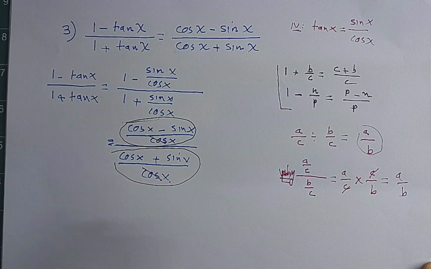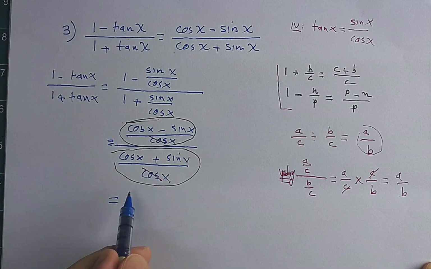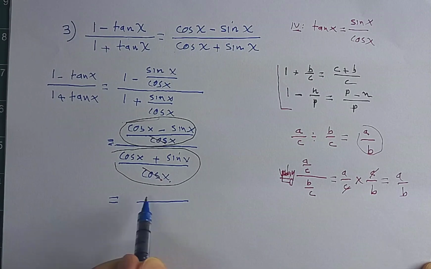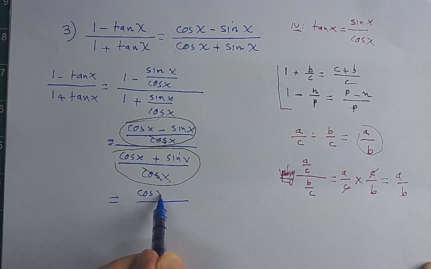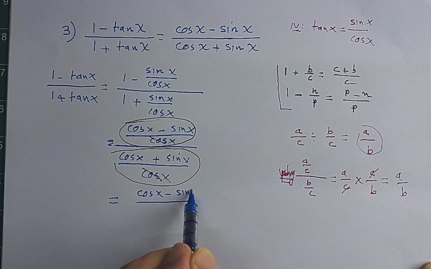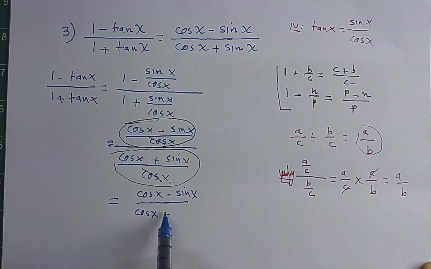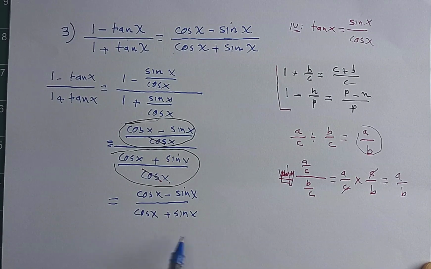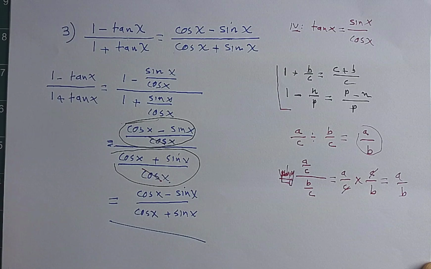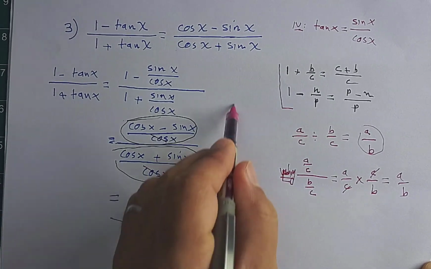So the last quantity will be cosine x minus sine x out of cosine x plus sine x. That's it. That's what I needed to prove in this one.